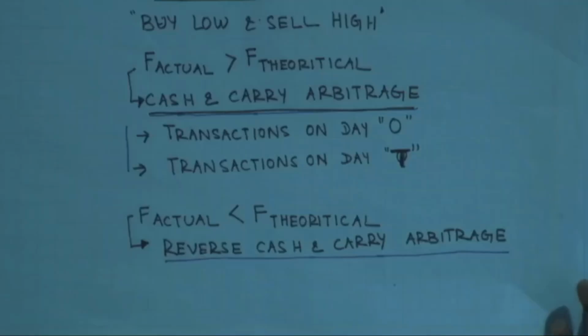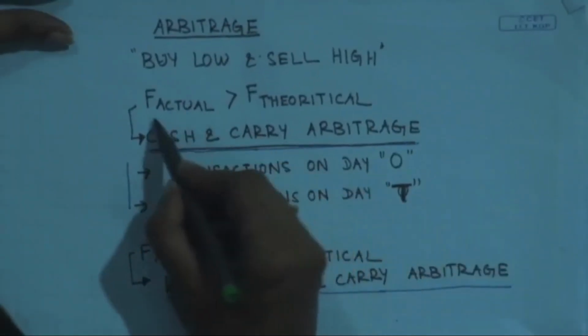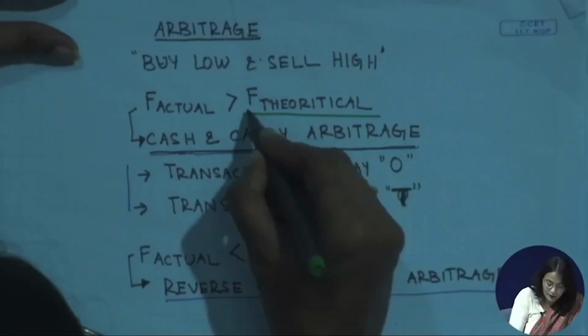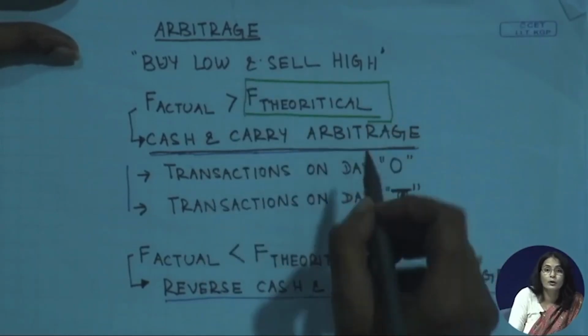Now what exactly is this arbitrage opportunity? Let's quickly take some examples. Let's say this is the F theoretical, which we calculated using our cost of carry model.